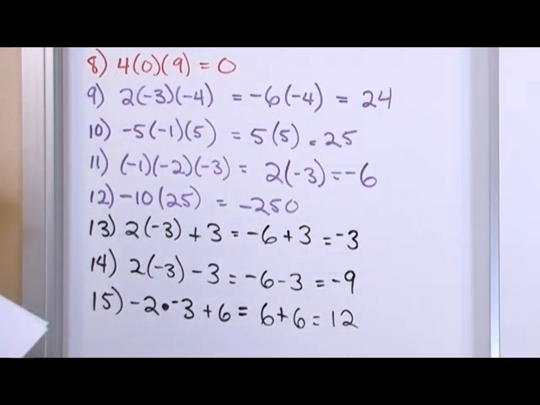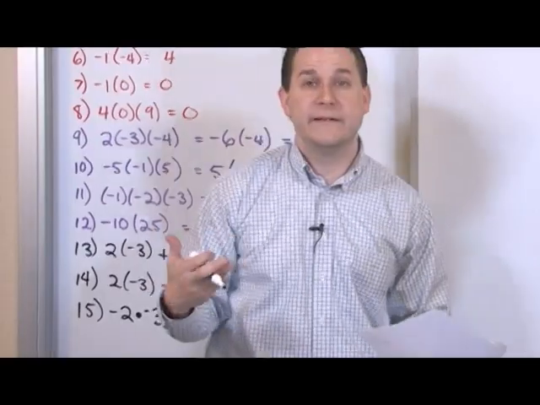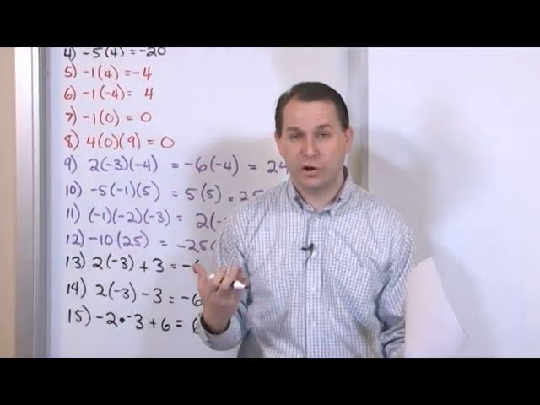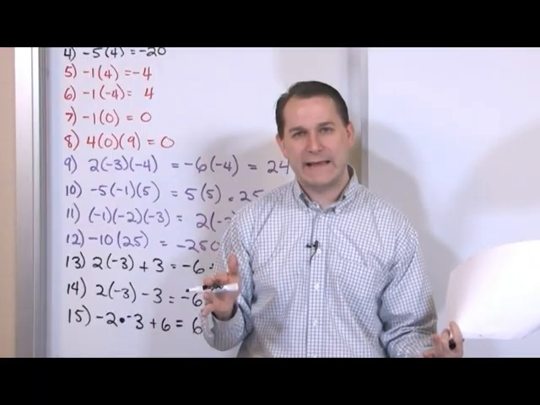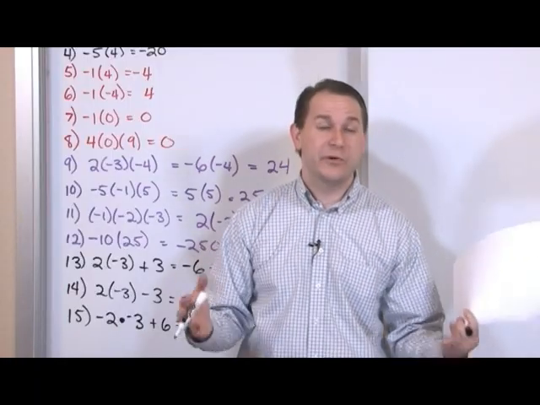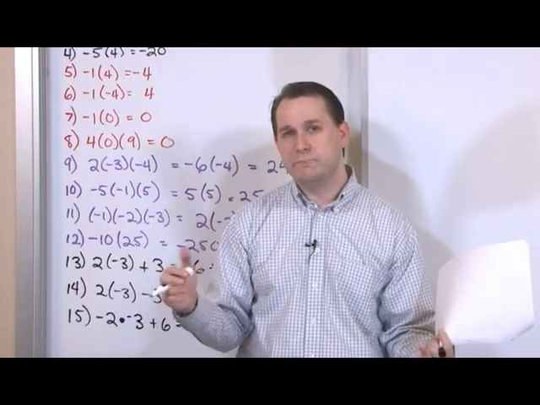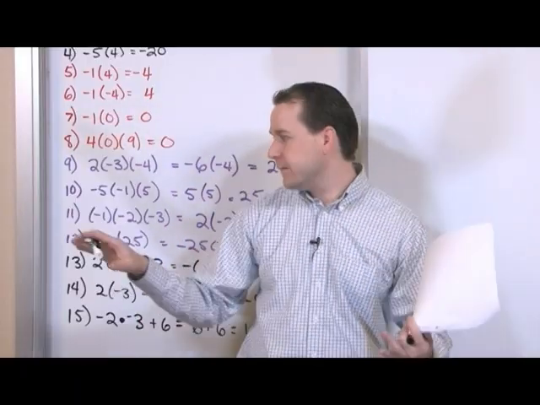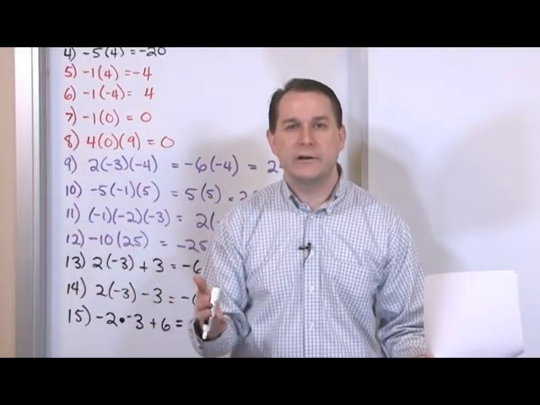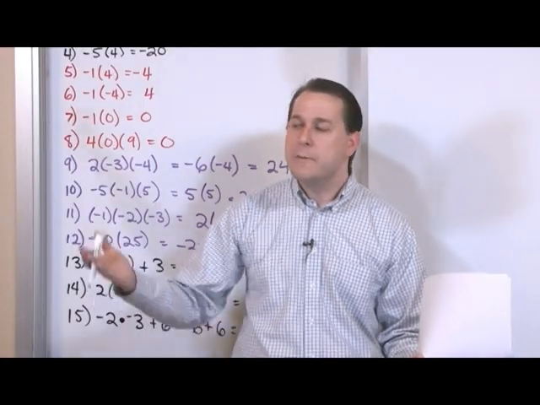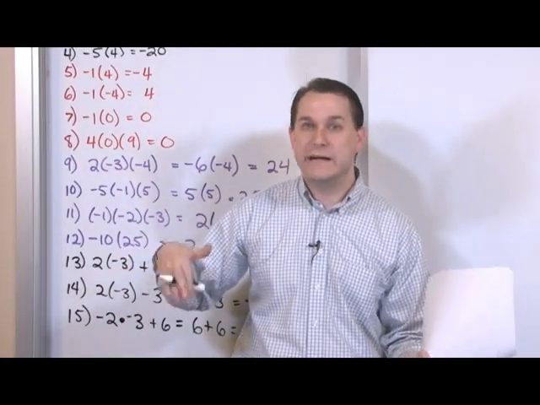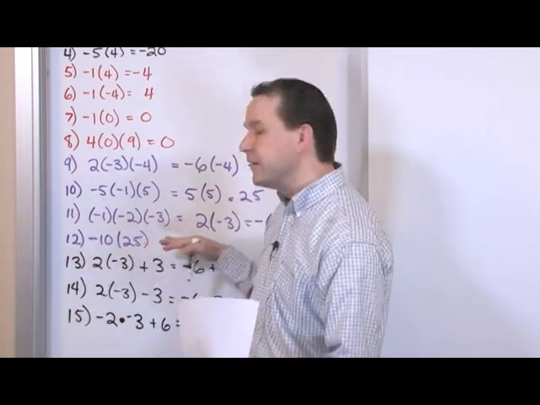So we're going to continue to do more problems in this section, but the main thing for you to learn is two things. One, how do you multiply numbers together? And hopefully you're getting the hang of that. Two, if you ever see multiplication or division in the same line with addition or subtraction, you always have to multiply or divide the numbers first before you get into any addition or subtraction if they're all on the same level like this.